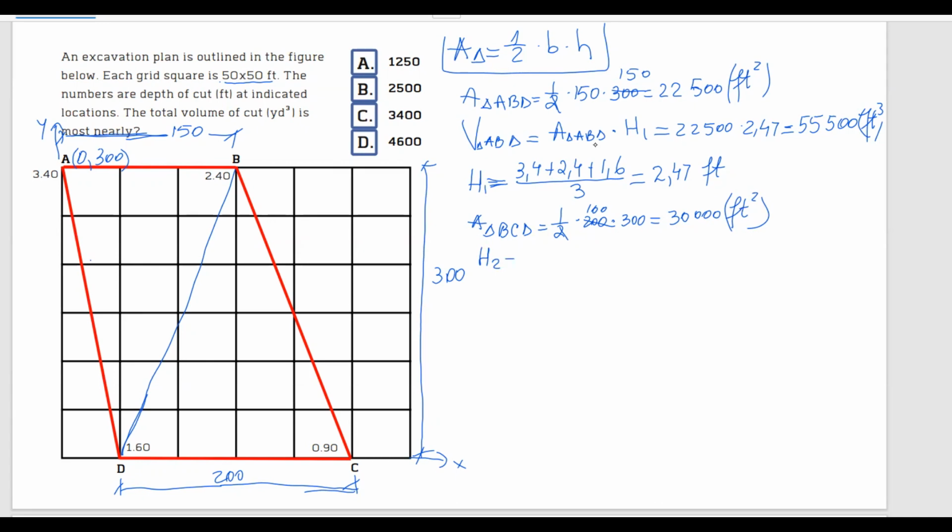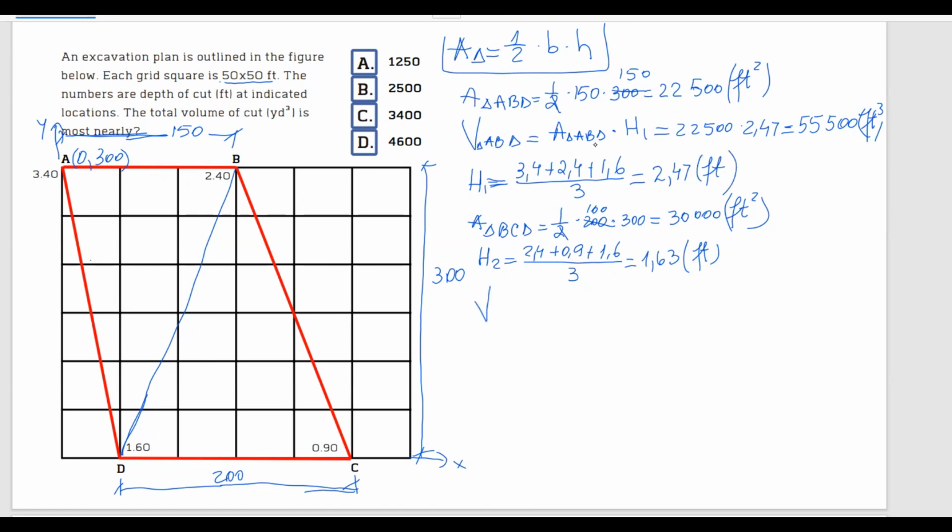So for H2, let's add them up: 2.4 plus 0.9 plus 1.6, divided by 3, and I get an average height of 1.63 feet.